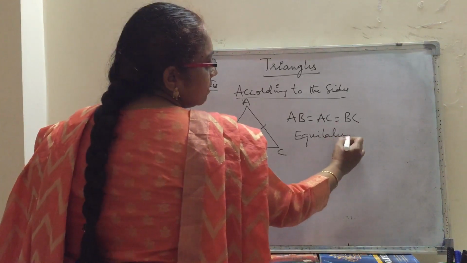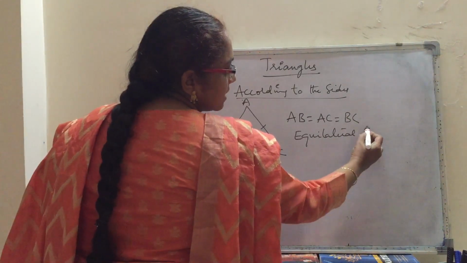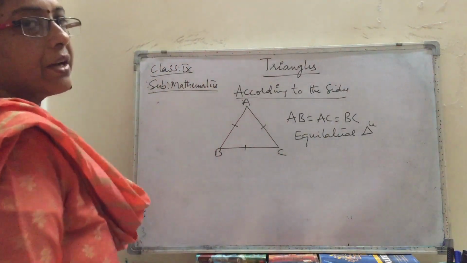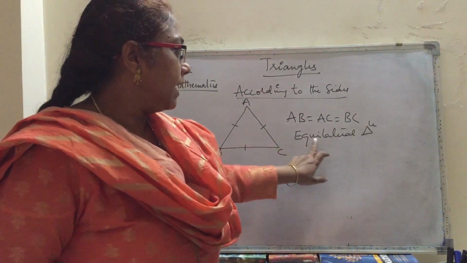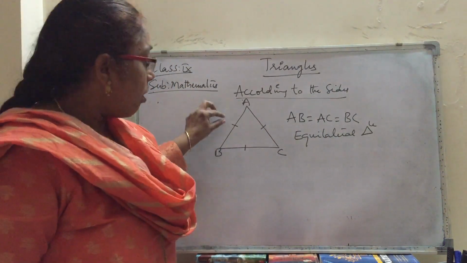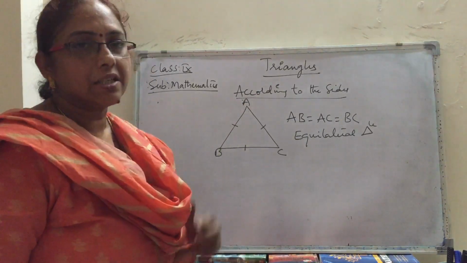For writing triangle so many times, just write the triangle symbol. Equilateral triangle: if all 3 sides are of equal length, then it is called an equilateral triangle.